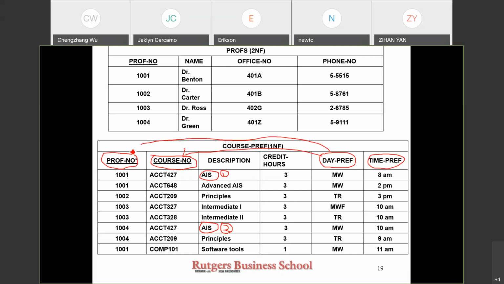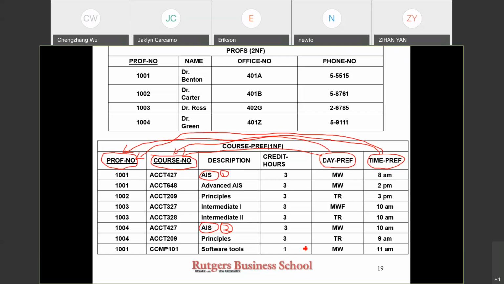These two attributes are the only attributes which have functional dependency on the composite key. Well, these two attributes indicate the preference of a professor for a particular course. But for description and credit hour attributes, all you need to know is only course number.